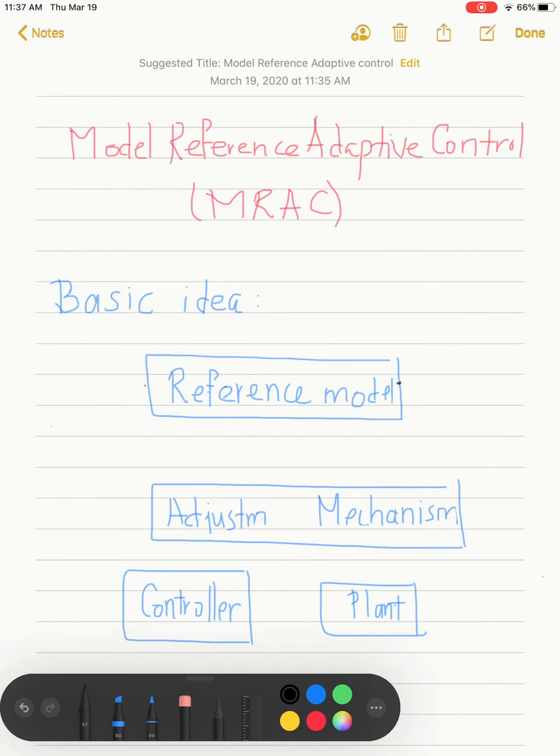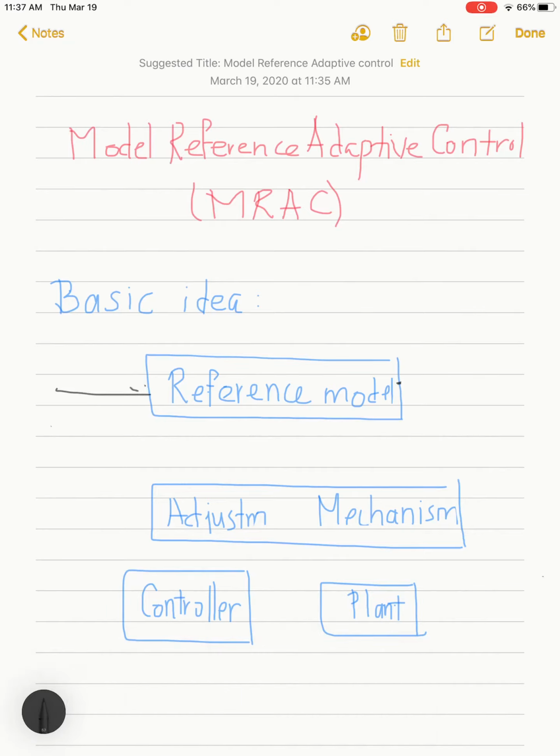The basic idea is you would have a reference model with some set point as an input, and of course that reference model would produce the desired output.